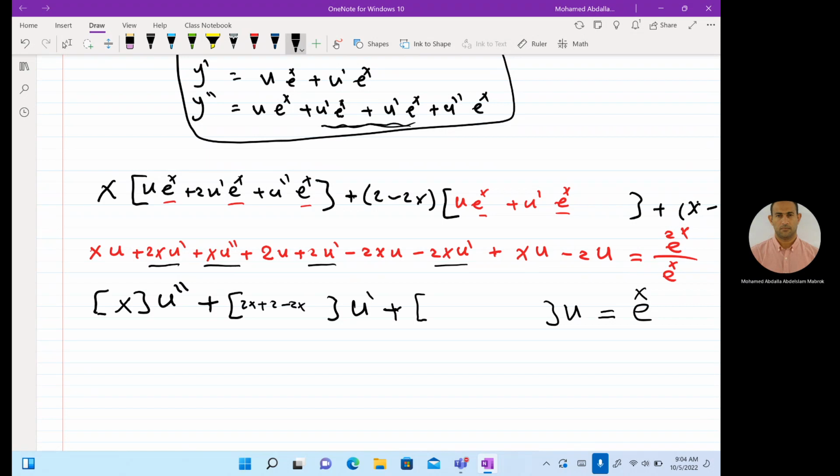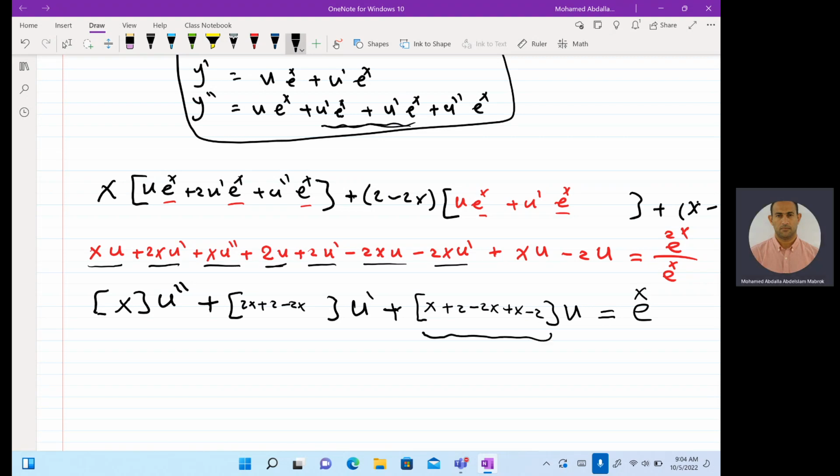The u, hopefully this part should be equal to 0. I did not make it 0. It should appear as 0 after we do that, hopefully.